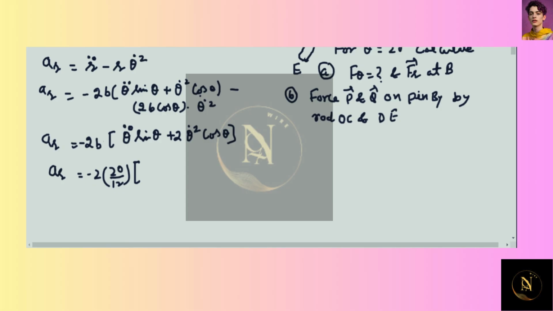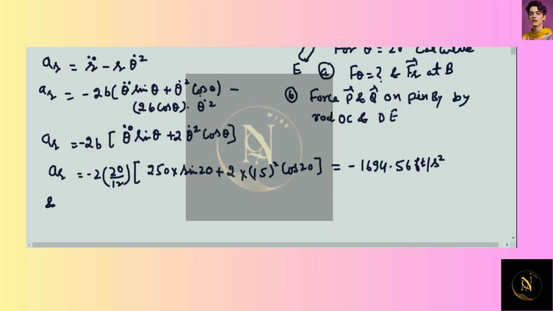Theta double dot having the value 250 sine of 20 degree plus 2 into 15 square cos of 20. So this value you will get 1694.56 feet per second square.